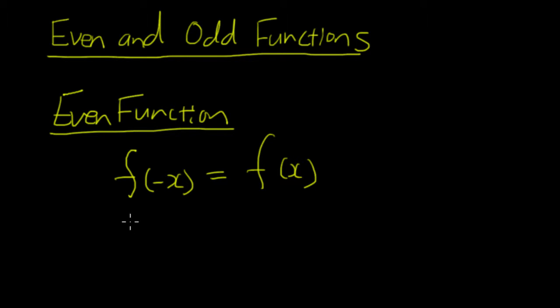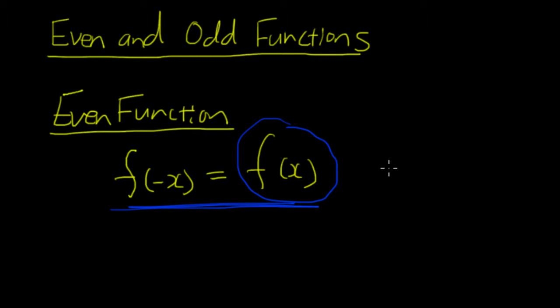Sometimes you have f of x first, sometimes you have f of minus x first. So let's try to understand what this really means. What does it mean to be f of negative x is equal to f of x? Well, first of all, what's f of x? Well, f of x is any given usual function.